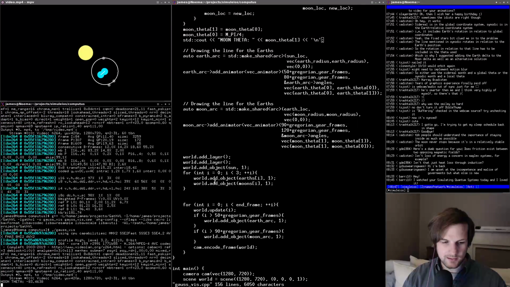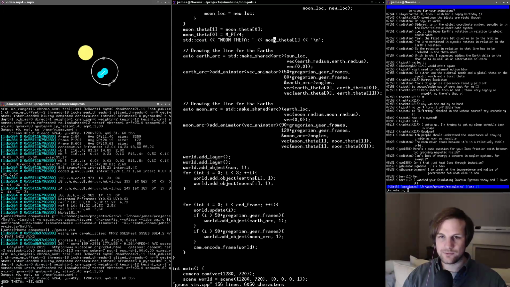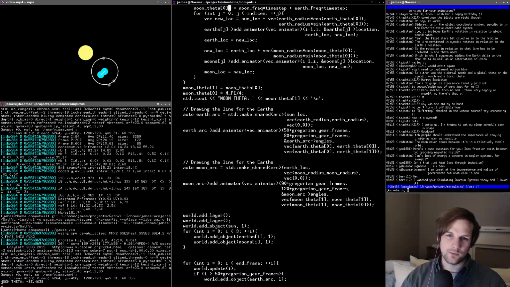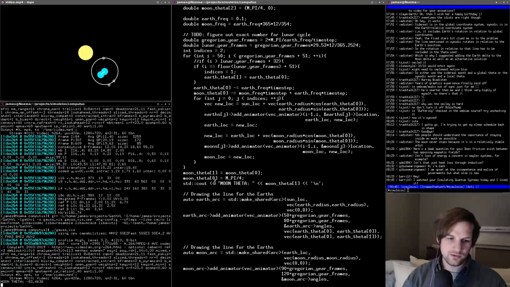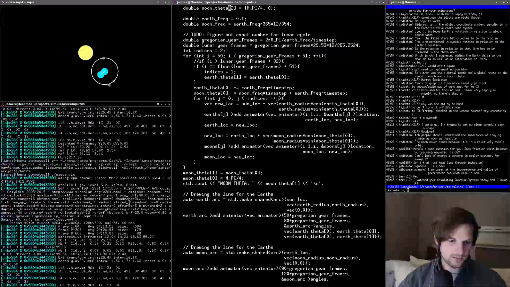Okay, and moon theta is negative 83.438. I don't know what that means, but probably that's why it's so crazy. Okay, I understand now. So we want to do moon theta is equal to moon theta 0. What was our previous output?